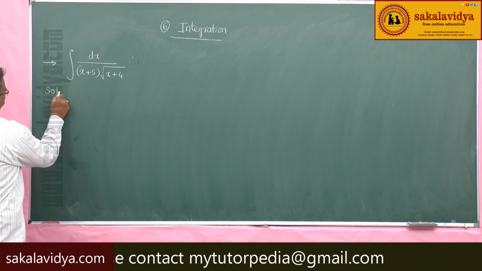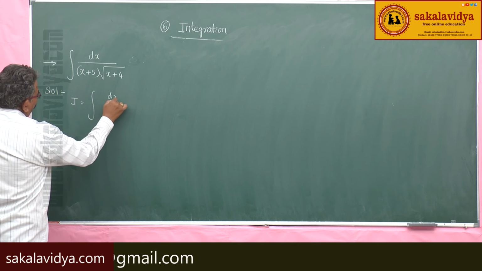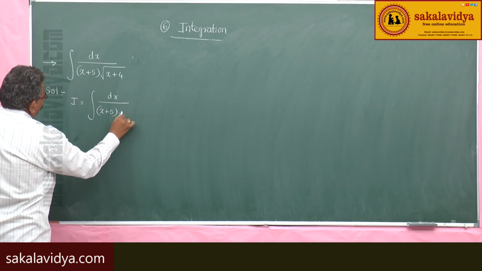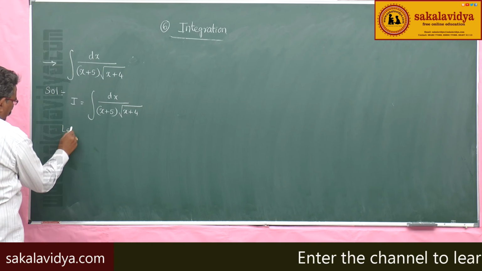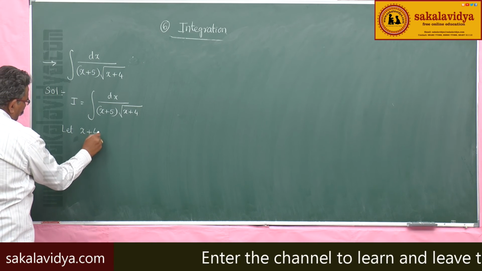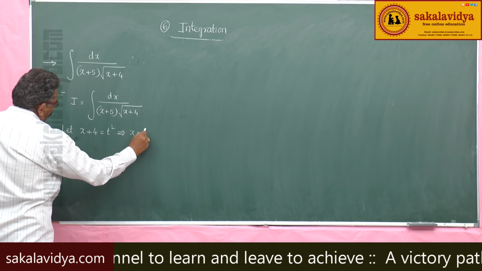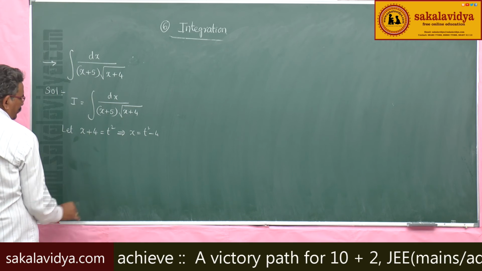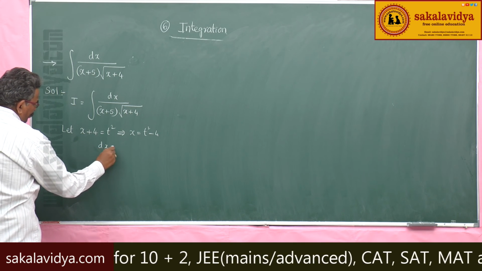So, now I is equal to integral dx by x plus 5 root of x plus 4. Let us say x plus 4 is equal to t square, x is equal to t square minus 4. Now, differentiate, dx is equal to 2t dt.